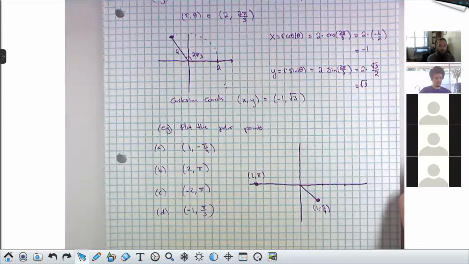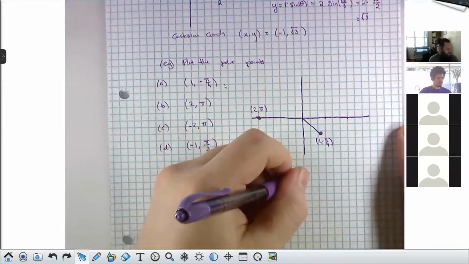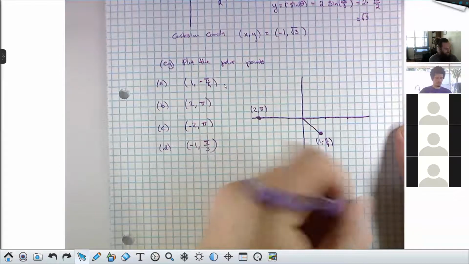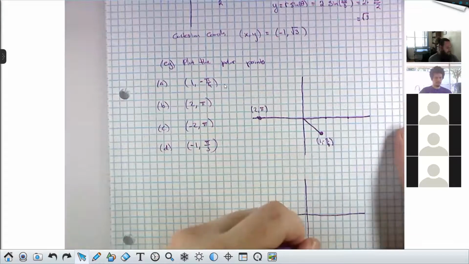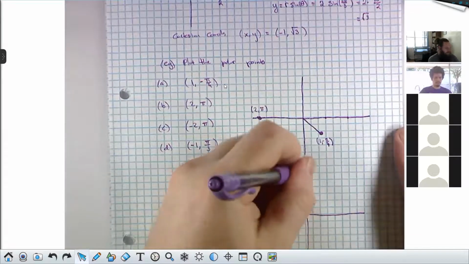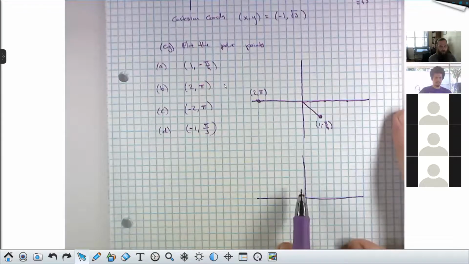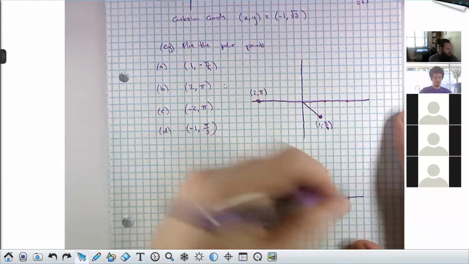There's 2 ways to think about how to get to negative 2 comma pi. I'll graph these separately down here. The way that I find most people really like is instead of walking out on the positive horizontal axis, you start by walking out on the negative horizontal axis. So again, I'll mark this as like 1 and 2.